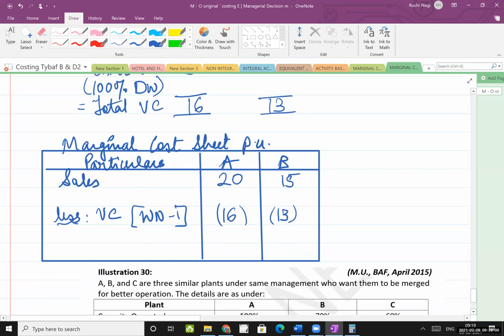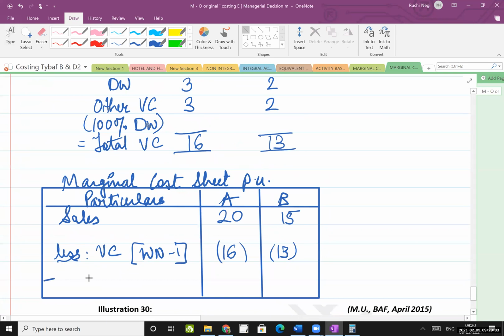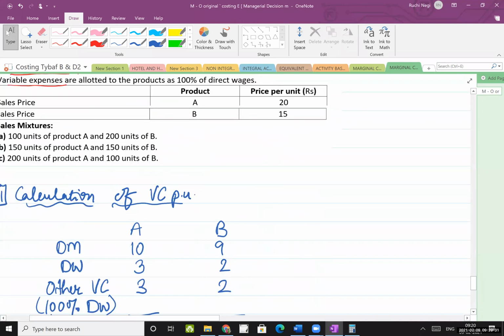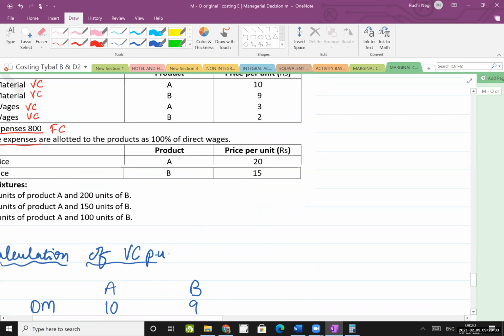Okay, तो जो बच गया that's my contribution. ₹4 and ₹2. Okay, so this completes the first part of the question. Second part में they are asking you which is the most profitable product mix. ठीक है, कितने ऑप्शंस दिए हैं? 3 ऑप्शंस दिए हैं. ठीक है.